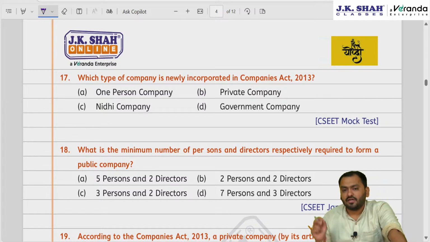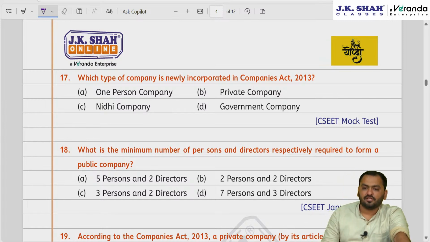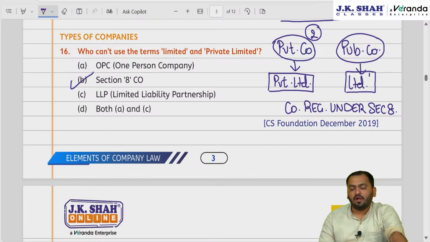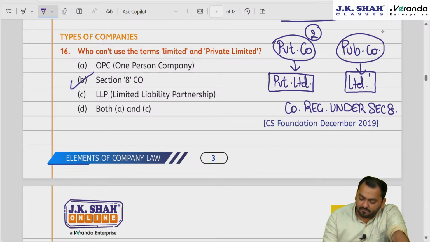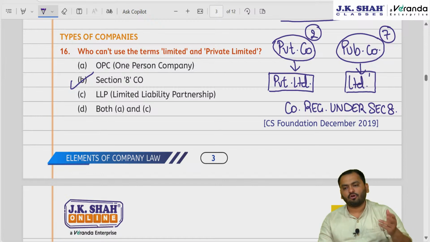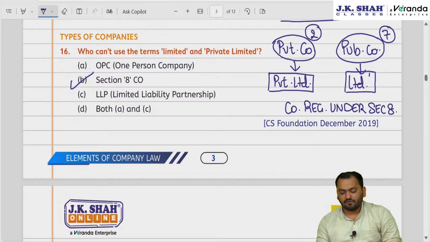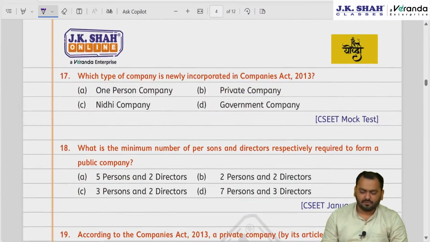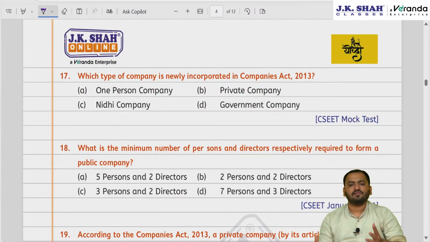Why? Because in India, to incorporate a private company you need how many members? You need a minimum of 2 members for a private company. For a public company you need a minimum of 7 members to incorporate a company. 2 or more, 7 or more. But what if a single person wants to convert his business into a company?